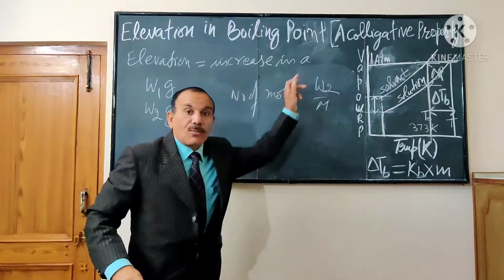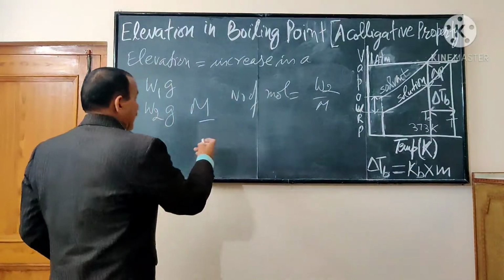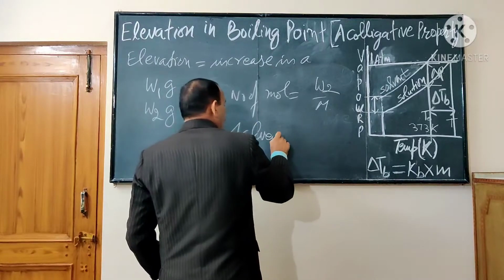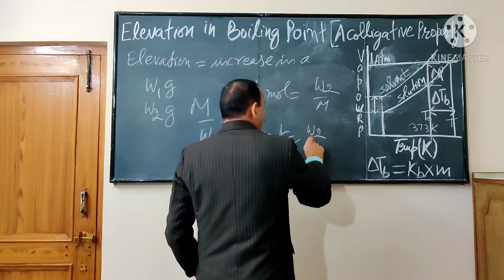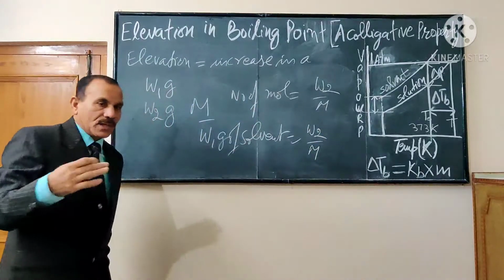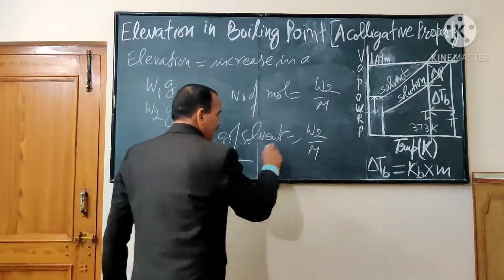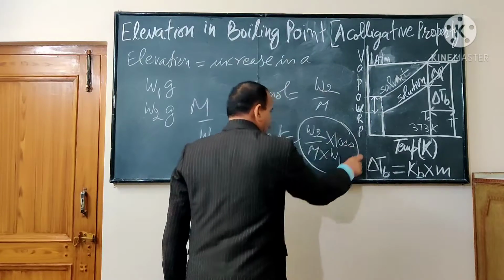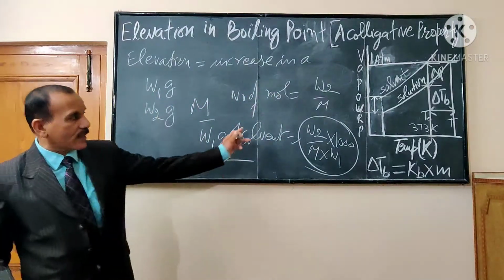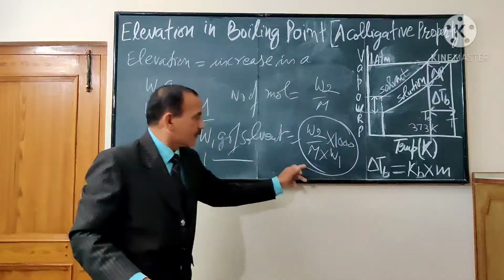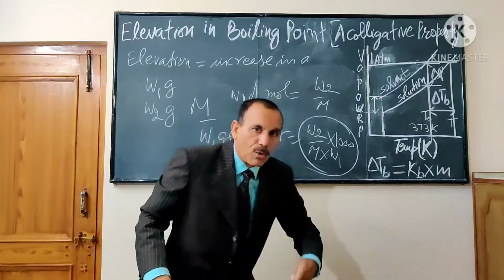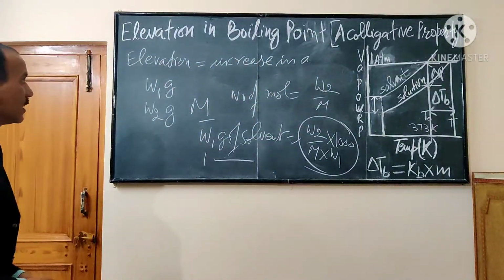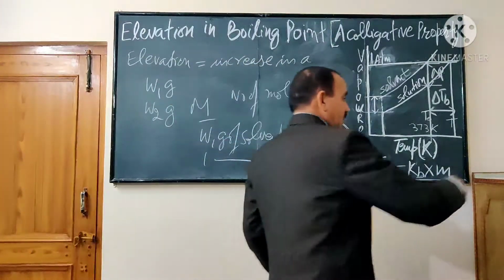So these are the number of moles of solute present in W1 gram of solvent: W2 over M, and for 1000 gram of solvent, divided by W1 and multiplied by 1000. 1000 gram of solvent contains this number of moles of solute, and by definition it is the molality.